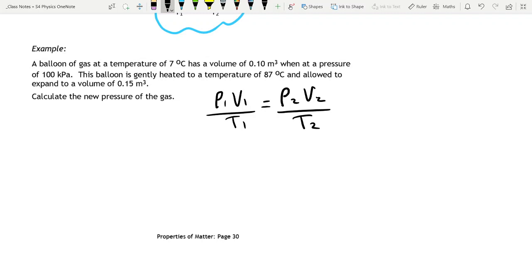So what have we got? P1, the initial pressure, is 100 kilopascals. So I'm going to change it into pascals, but you don't necessarily need to as long as you remember it is in kilopascals. Your answers will be in kilopascals. V1, the initial volume, is going to be 0.10 meters cubed.